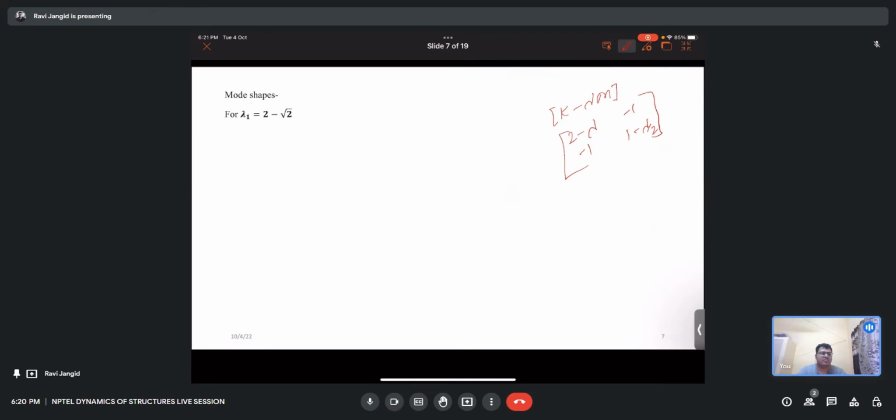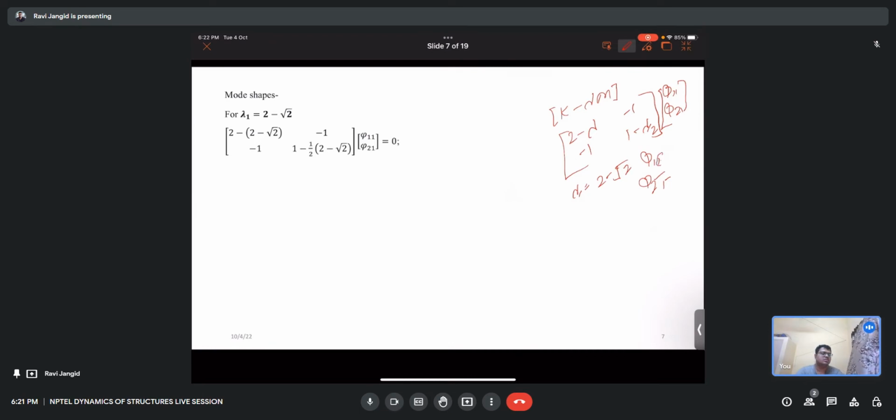So if I put lambda 1 equal to 2 minus under root 2, what will my matrix become? If I solve this equation, multiplying with the eigenvector phi 11, phi 21, phi 11 is the mode shape corresponding to the first mode, first degree of freedom, and phi 21 is the first mode corresponding to the second degree of freedom.